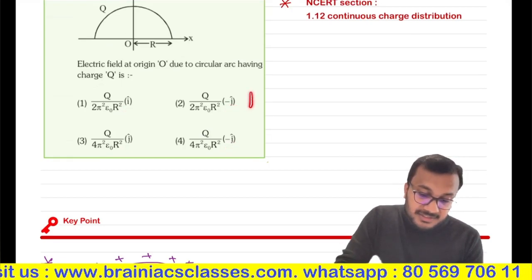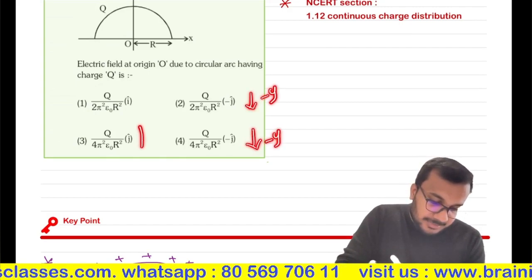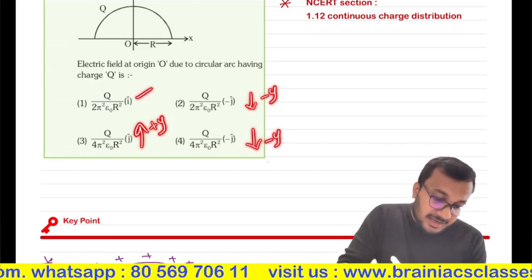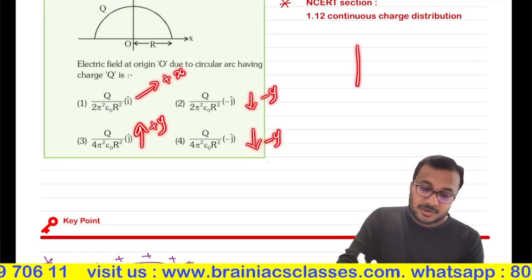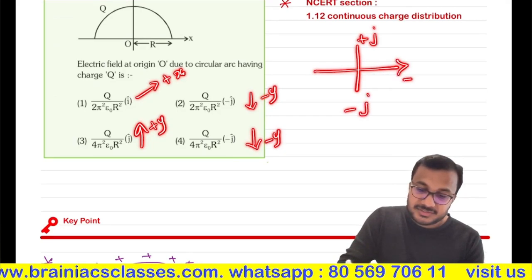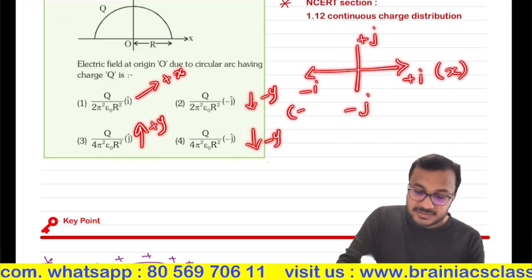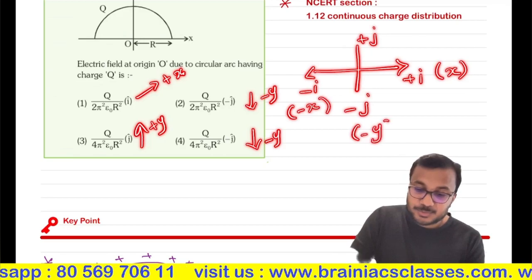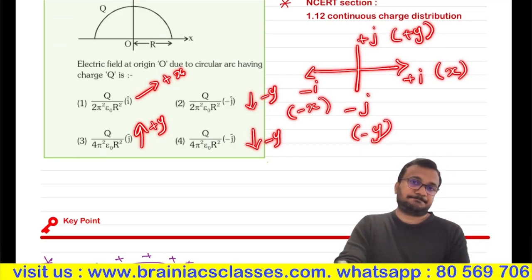Minus j means negative y direction. j means positive y, i means positive x. This is called plus j, this is minus j, this is plus i, this is minus i. This is positive x, this is negative x, this is negative y, this is positive y. We should know this.